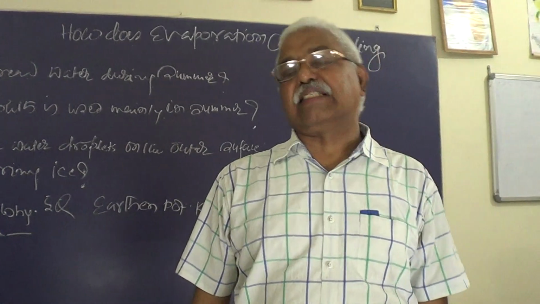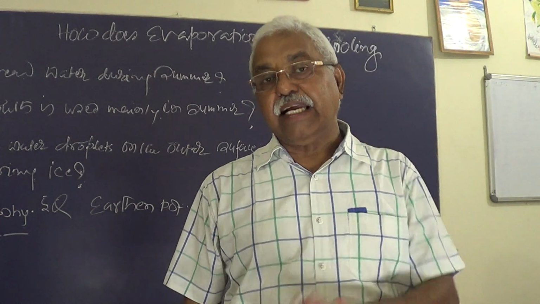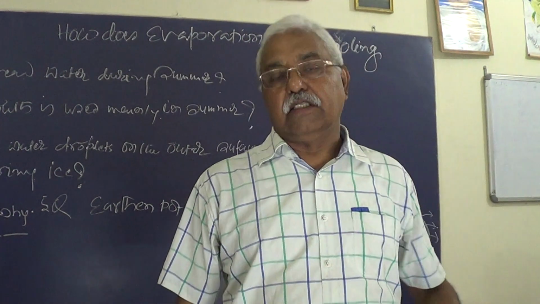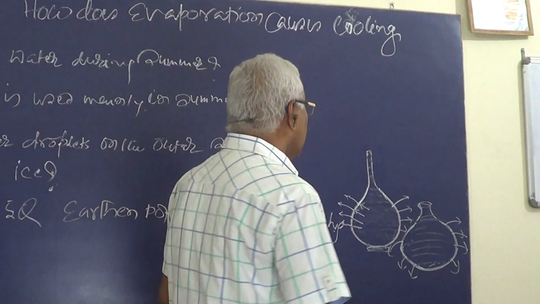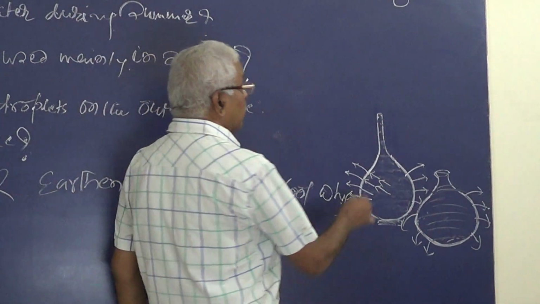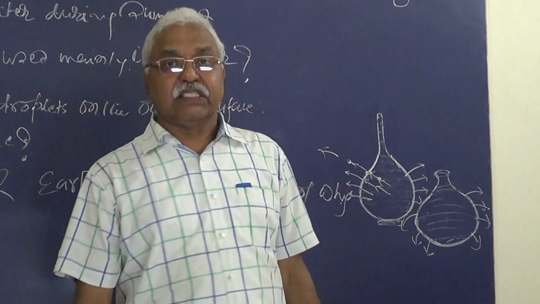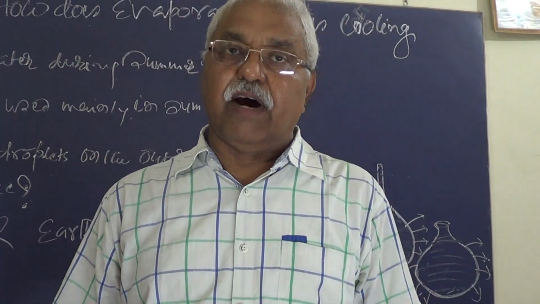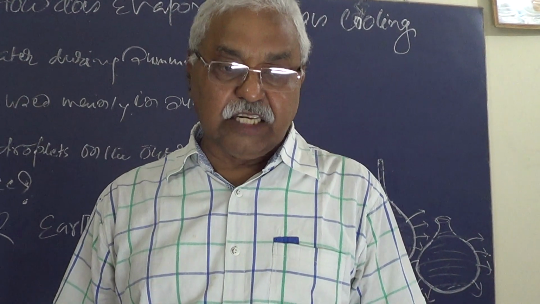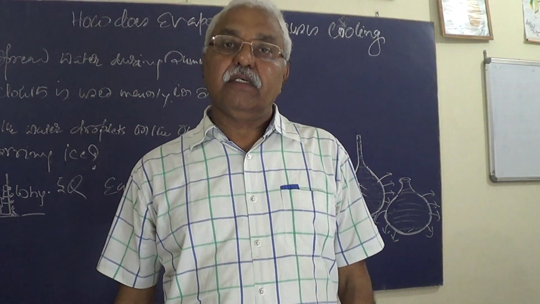That water molecule takes the energy from the water as well as from the surrounding and escapes. Again the next water molecule takes energy from the surrounding and escapes. This process is continuous. Therefore the water contained in the earthen pot loses the energy. Hence it becomes cool. So we are using earthen pot in the case of summer.